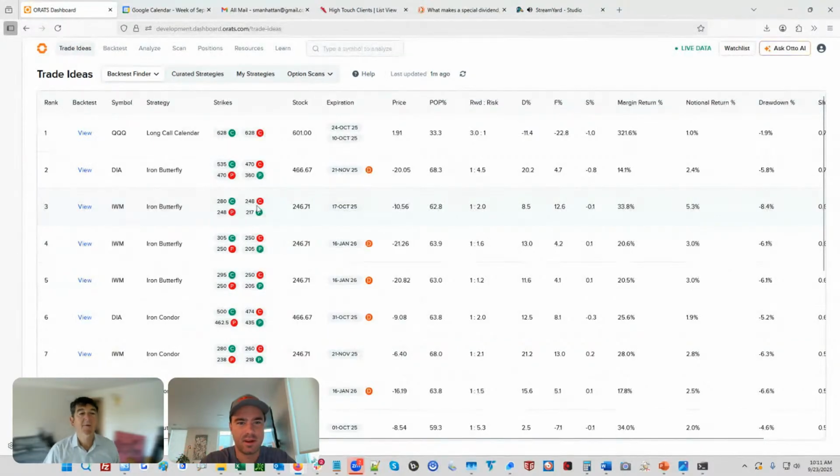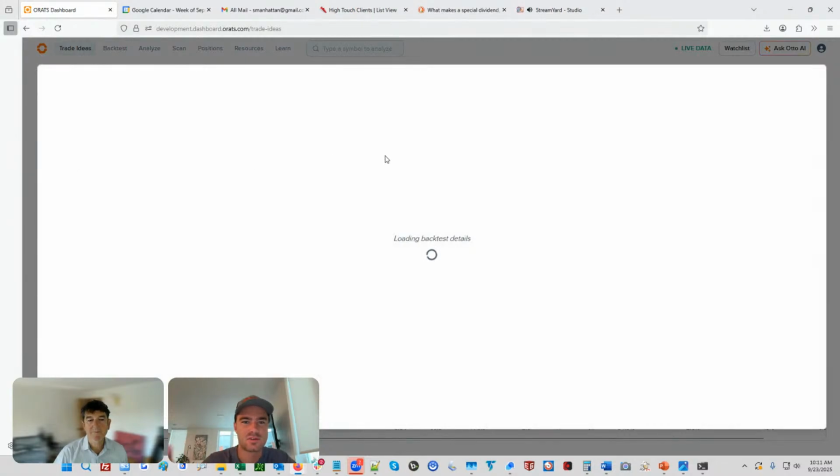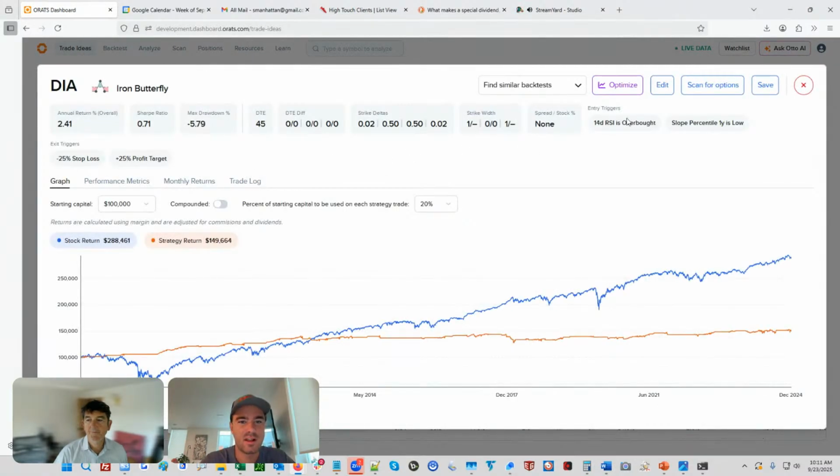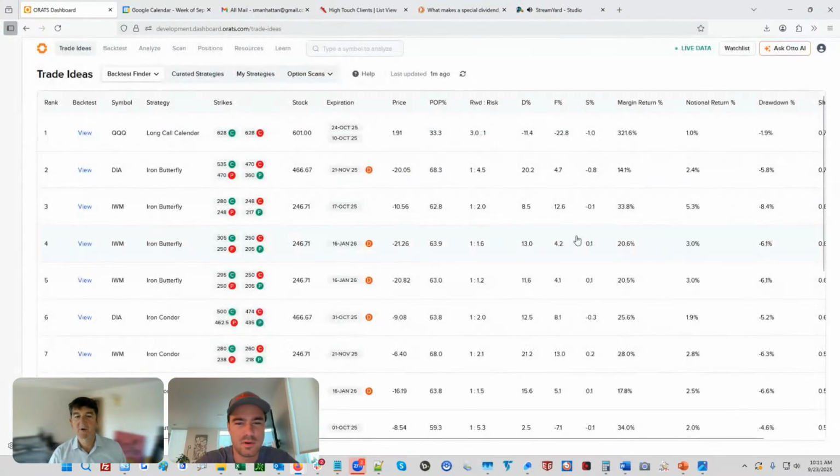There are trade specific results right there, like the price and the probability of profit, but if you scroll over to the right, or you can even click on it, the view backtest, like Matt just did, it pops up the whole backtest returns, which is really neat. Being able to see the backtest returns of that trade idea is really important. Yeah, it's so convenient, and it's nice to have here.